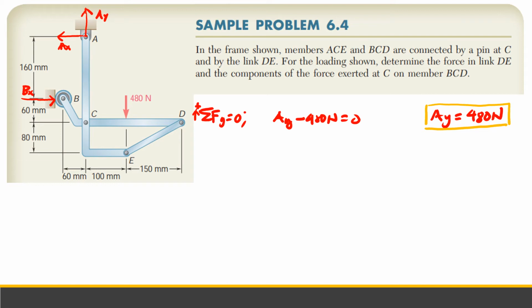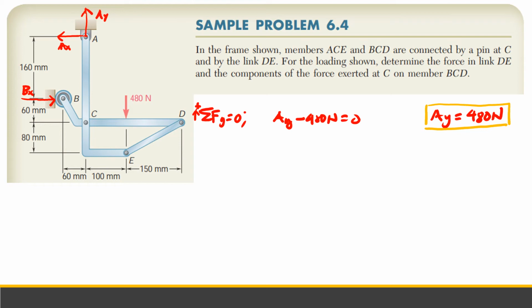And then, to find for the BX, since all the X component ng mga forces is unknown, mag-moment tayo at, say, at A. So, para present na lang na force is BX and yung 480 Newton natin.